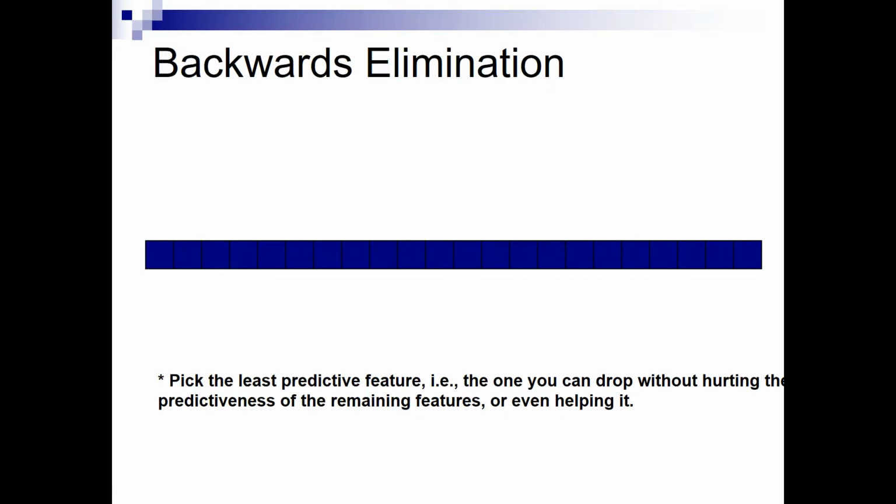In backwards elimination, you'll see the default is I select everything that I have. So everything here is dark blue. And now what I'm going to do is look through all of my dark blue squares and see which one can I remove and have a subset of features that's just as good as what I started with. So if I remove one, now I have a subset that's n minus 1.